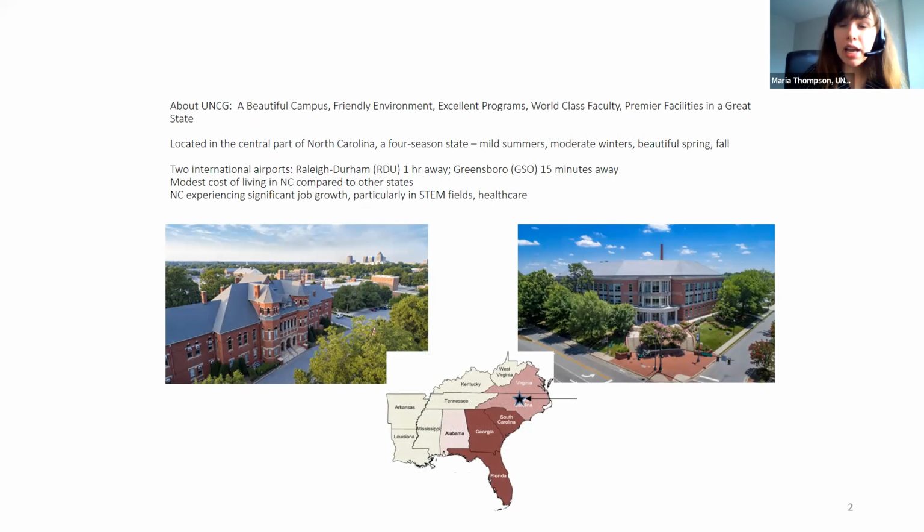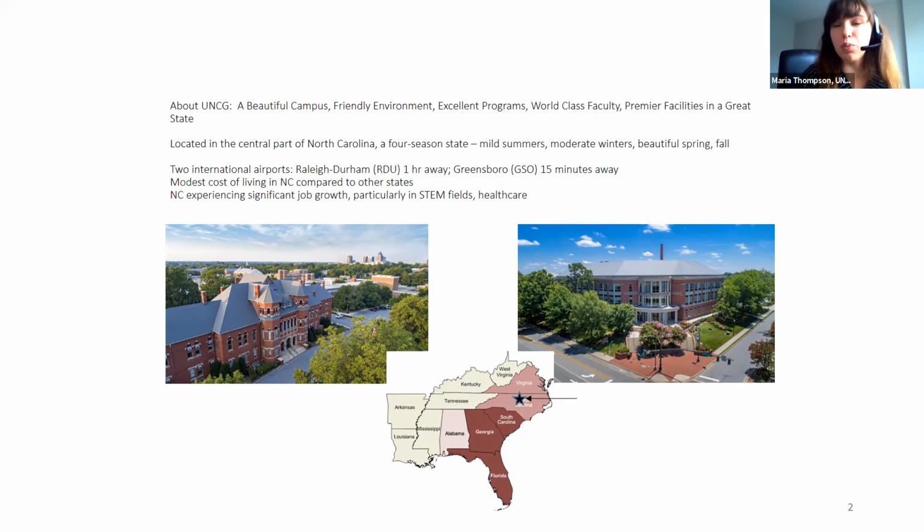So the University of North Carolina at Greensboro is located in central North Carolina, in between Raleigh and Charlotte. It's a smaller city, so it provides a very safe environment for you to study. The weather, as in North Carolina, is very mild.